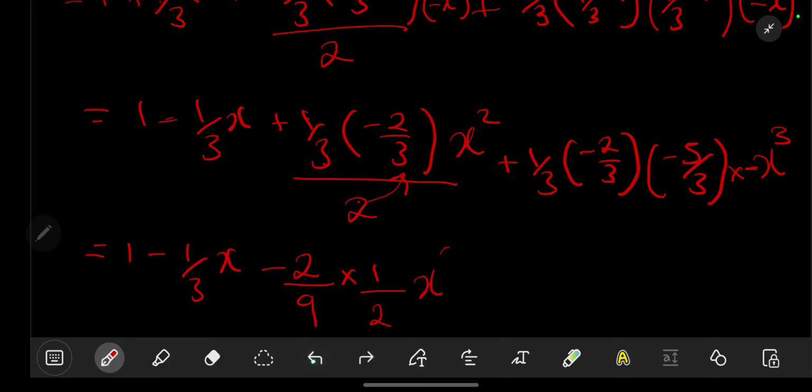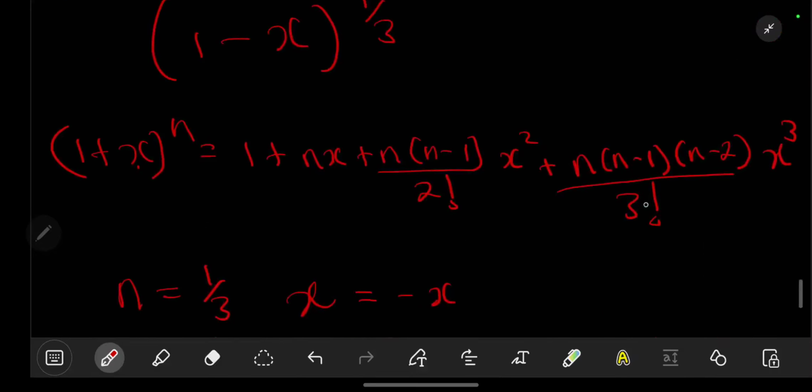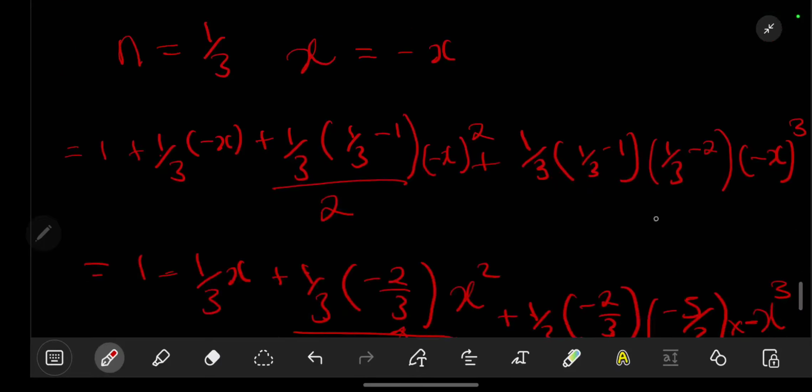Then you write your 2x squared like that. Then you have plus 1 times negative 2 times 5, it will be positive 10 over, we have 3 times 3 times 3, it will be 27. Now remember, why do I forget this? Over 3 factorial. So here you are supposed to put 3 factorial.